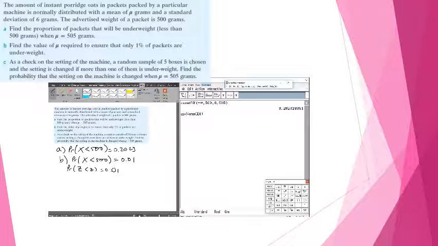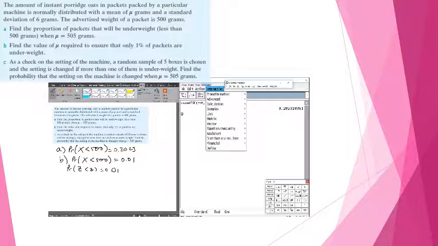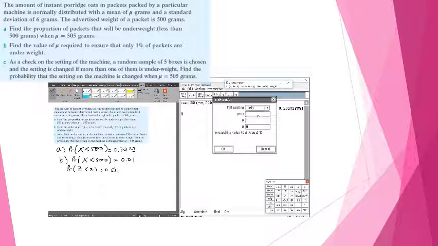So find the inverse normal, using interactive. We need to start from the left. We're going up to 0.01 because we want 1%.